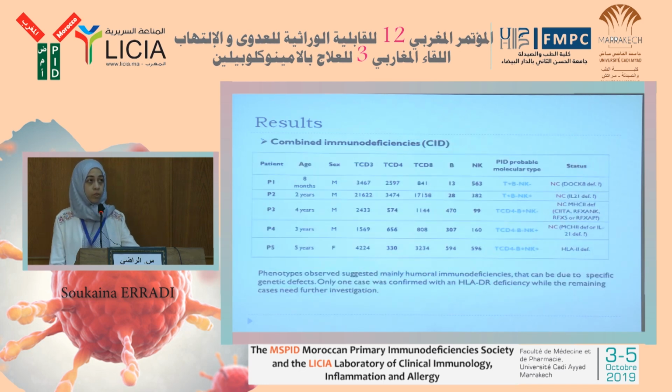The combined immunodeficiency cases were as well determined just like in the previous cases. T plus B minus NK minus suggests DOCK8 deficiency, and T plus B minus, for example, NK plus, suggests interleukin 21 deficiency. While we had the chance only to confirm 1 case, CD4 minus B plus NK plus, with an HLA-2 deficiency.